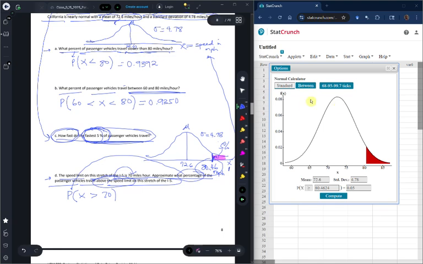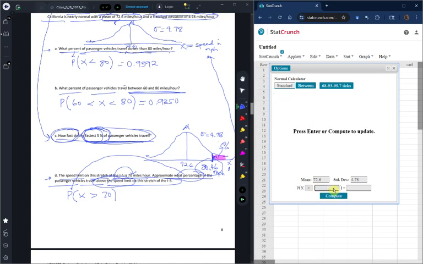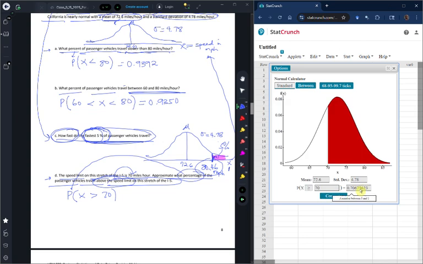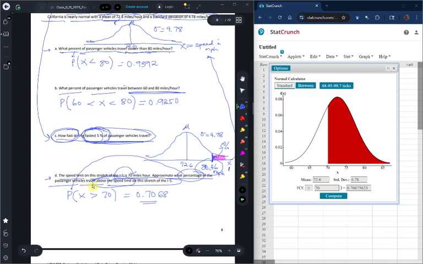I need to make sure I'm in standard mode since I have only one value, and this time I am supplying the value above 70. We have 0.7068. So about 70.68% of all vehicles travel above the speed limit of 70 miles per hour on I-5.